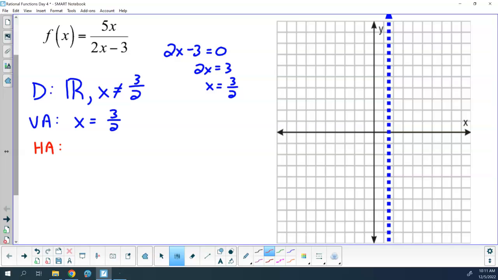A on top, 5. B on the bottom, 2. So it's y equals 5 halves. How does that line go on our graph? Dashed and horizontal, 2.5 up from the x-axis.